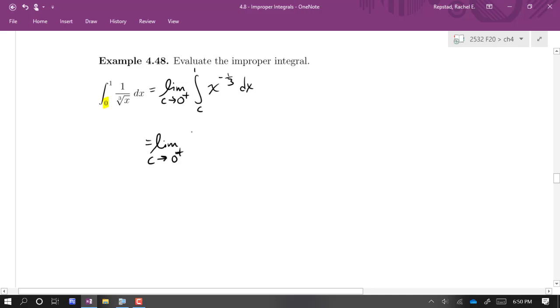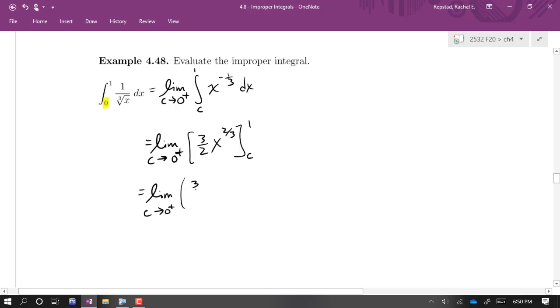We can integrate this function, it's not too hard. It's a power rule integral, so that'll be x to the positive 2/3 times 3/2 from c to 1. So this is the limit as c approaches 0 from above.